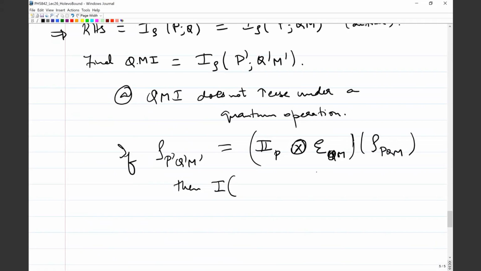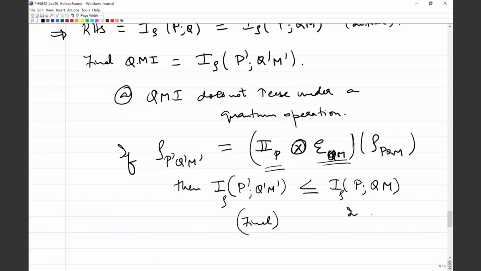Okay, so this is the nature of this quantum operation. It's identity on P, and there is something non-trivial happening on Q and M. Then the final mutual information after the transformation always has to be smaller than the mutual information before the transformation happened. Right, so this is final, this is the initial. Okay, so this is the first property, that quantum mutual information does not increase under quantum operations.